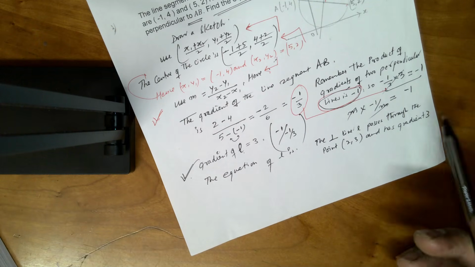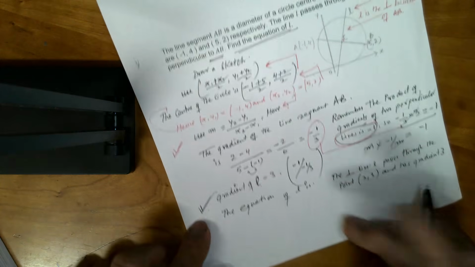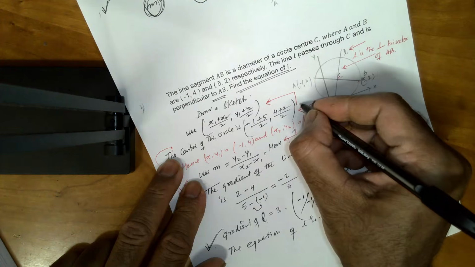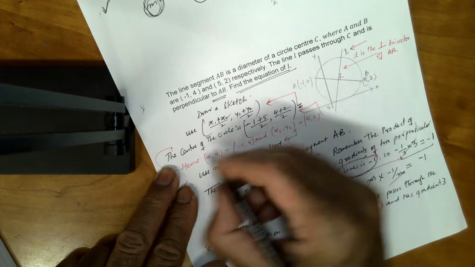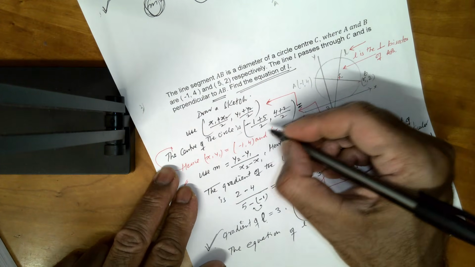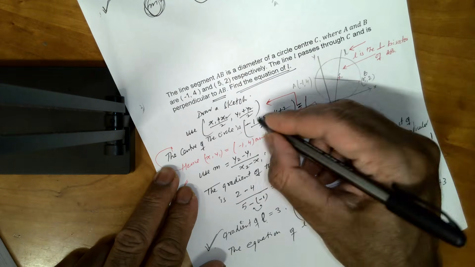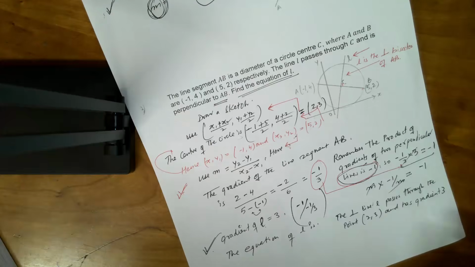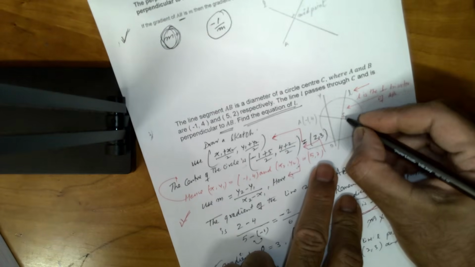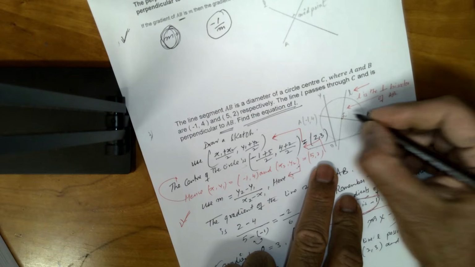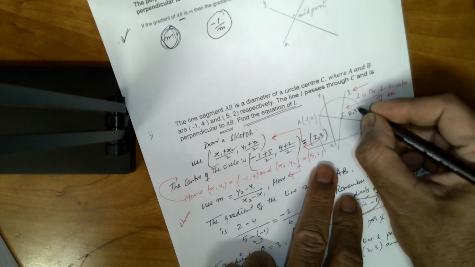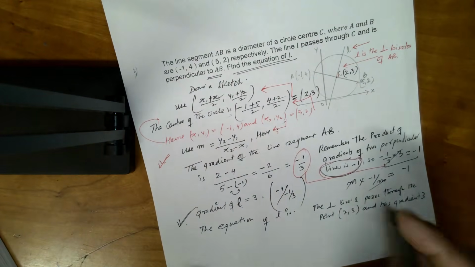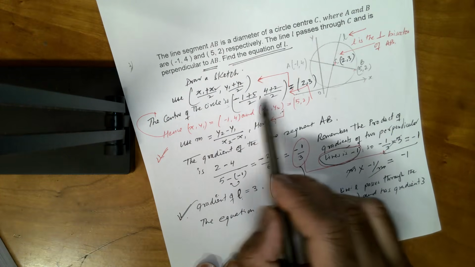So let's move on now. Let me just write down here the center of the circle; when we solve that, we will get (2, 3).